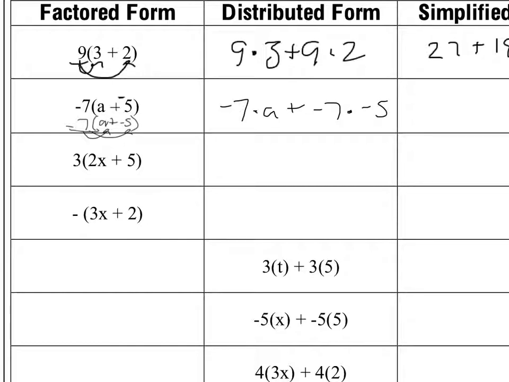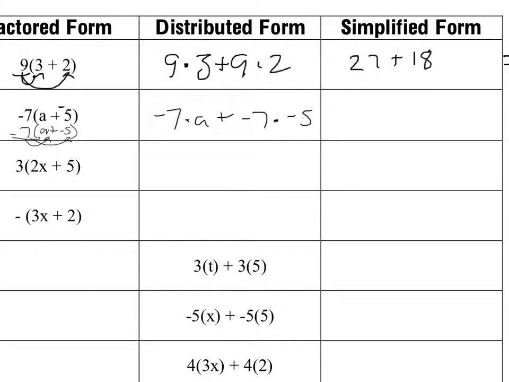And it's really important to pay attention to those sign rules. These are the small details that make the difference between a correct answer and an incorrect answer. Negative 7 times a, that's just going to simplify to negative 7a plus negative 7 times negative 5, and that's going to give me 35.